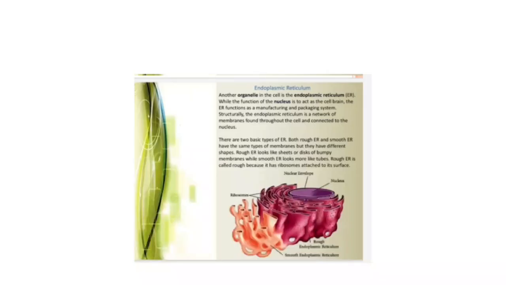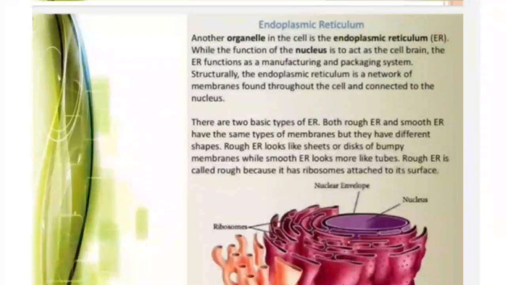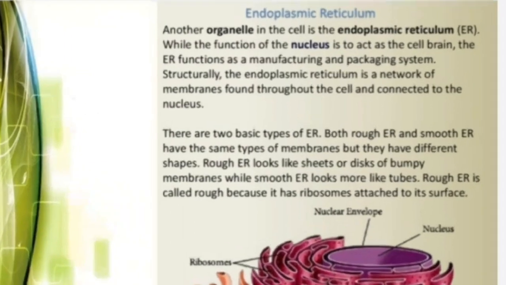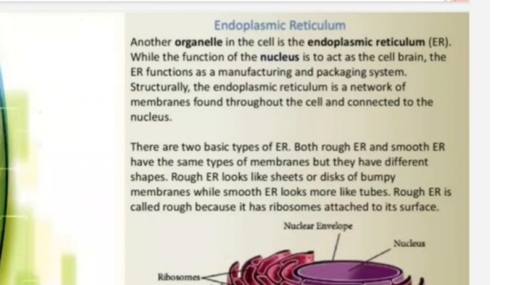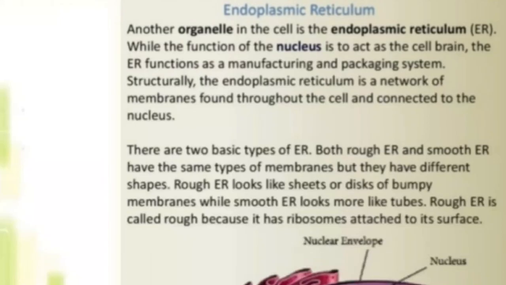Then next, the endoplasmic reticulum. Another organelle in the cell is the endoplasmic reticulum, that is ER. While the function of the nucleus is to act as the cell's brain, the endoplasmic reticulum functions as a manufacturing and packaging system.